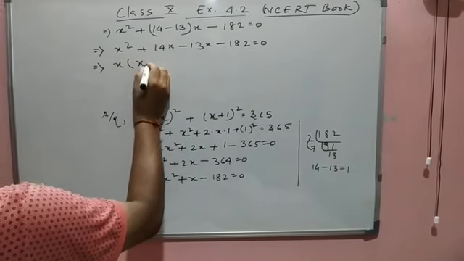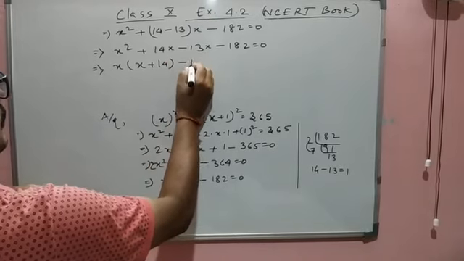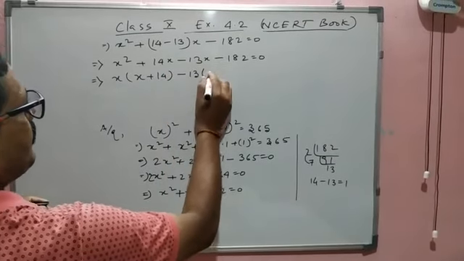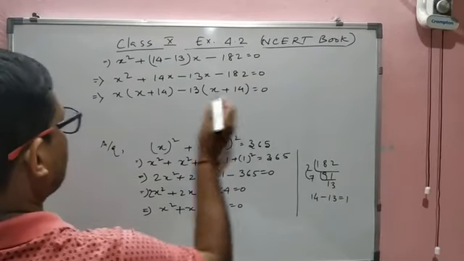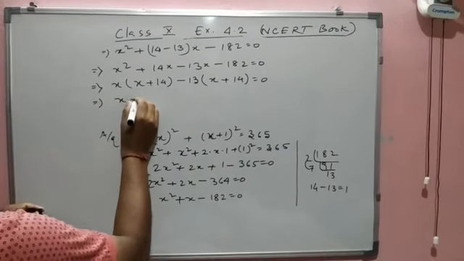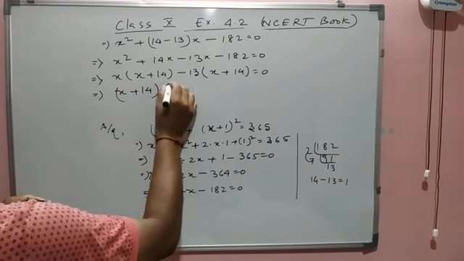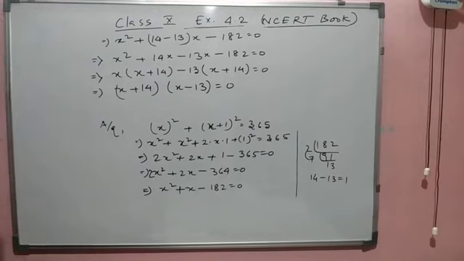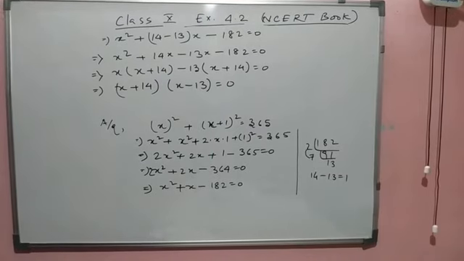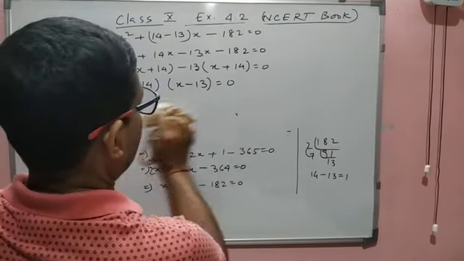So x common, it will be x plus 14, and minus 13 common, minus minus plus, again 14 equal to 0. Now we get x plus 14 and x minus 13 equal to 0. Now you got two factors, x plus 14 and x minus 13.